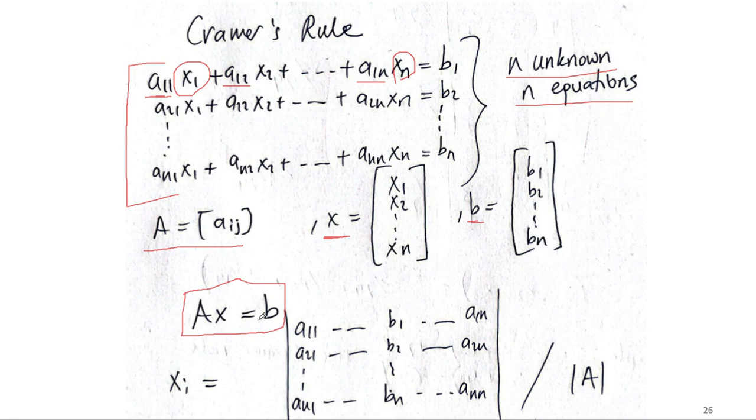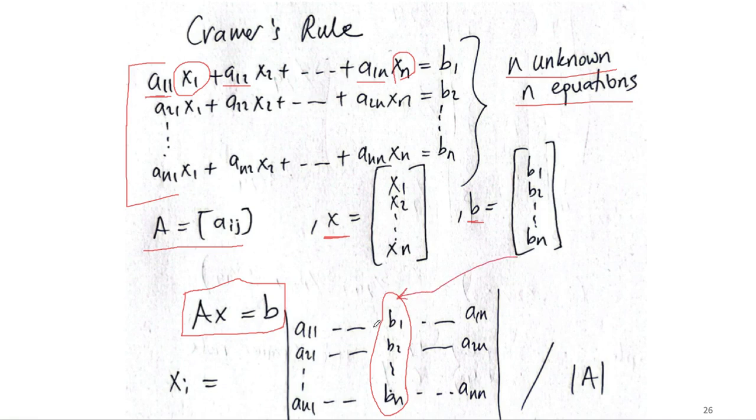In Cramer's rule, the solution for xi is given by a determinant. This is the determinant of the coefficient matrix, but with the ith column replaced by this vector b.